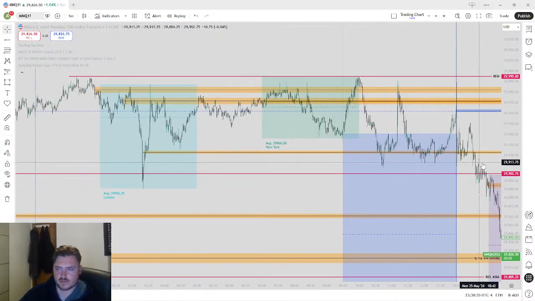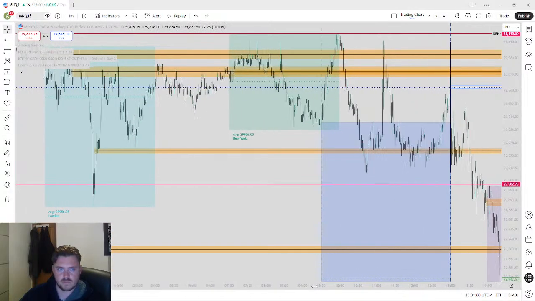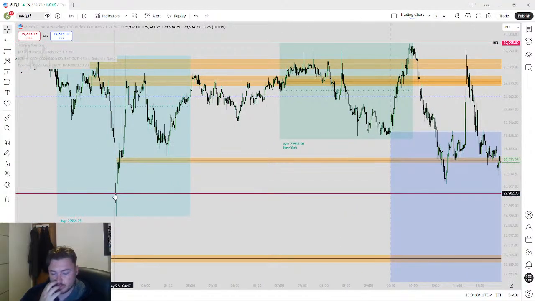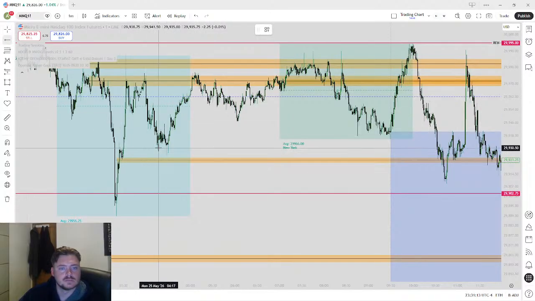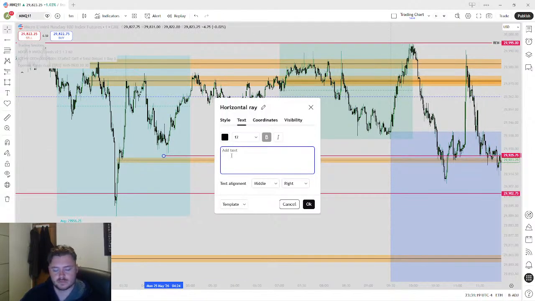Let's just go through this one. So people who bought here move their stops here. Okay. Stop losses.